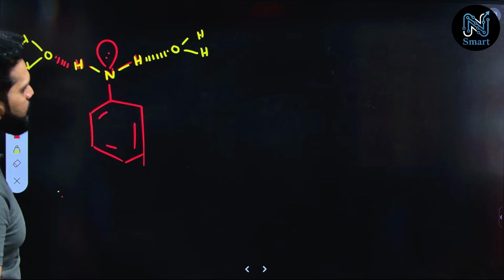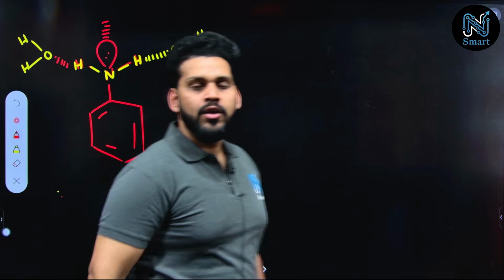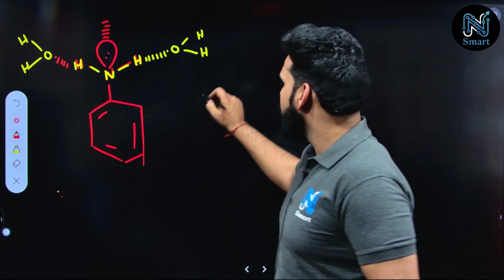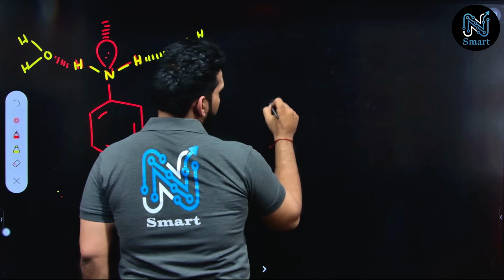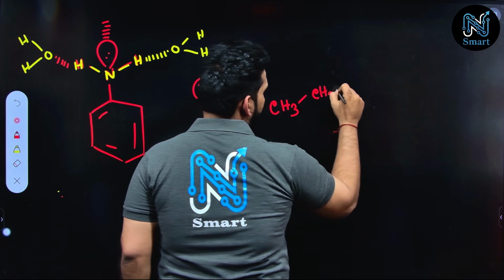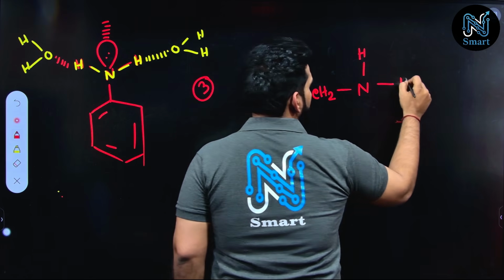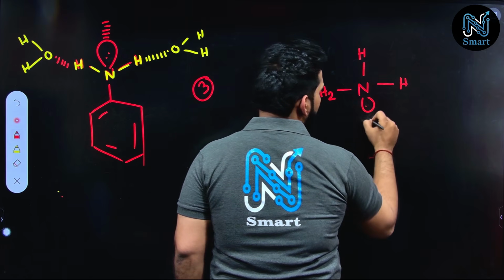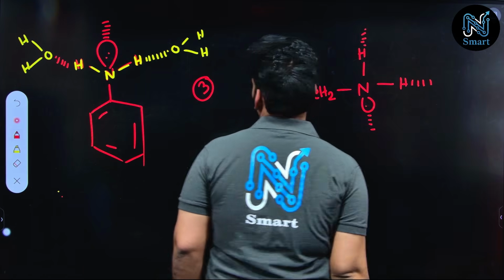Where else, guys? With the lone pair on the top also. Isn't it? Total how many hydrogen bonding? 3. So in ethylamine also we had how many hydrogen bonding? 3. And in aniline also how many hydrogen bonding? 3 only. So in both the cases, we have 3 hydrogen bonding, correct?